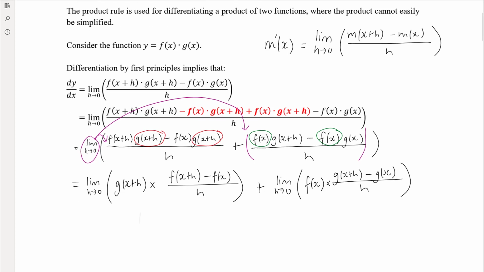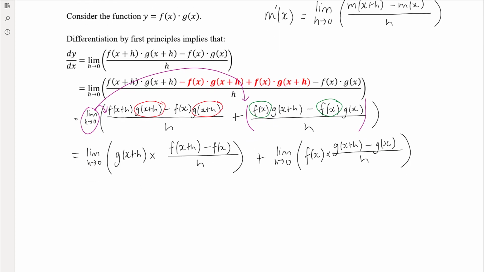Okay, so once again I'm going to split the limit up further. If I'm taking the limit as h approaches 0 of all of this in here, it's the same as taking the limit as h approaches 0 of that times the limit as h approaches 0 of that. So I'm just going to break that up, and then we'll think separately about each of those things.